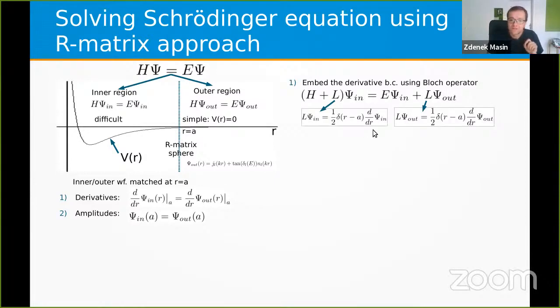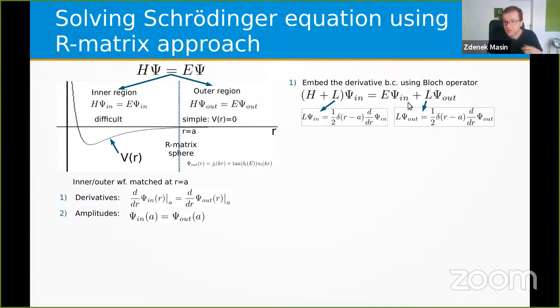However, the main feature of the R matrix method is that it embeds the derivative boundary condition right into the differential equation. So this is the key point of the R matrix. How we do it is that we add this term, which is called the Bloch term, and that basically calculates the derivative of the wave function at the boundary. So we insert into the Schrödinger equation this term, which is, say, the derivative of the inner region wave function on the left-hand side, and on the right-hand side, the derivative of the outer region wave function.